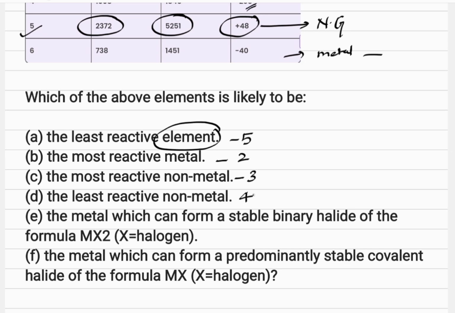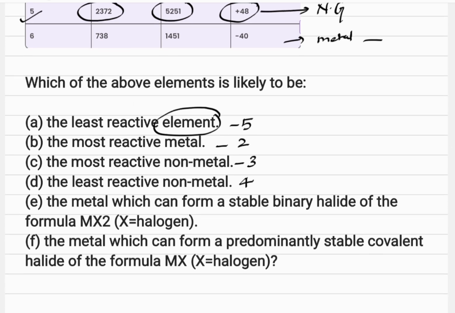Okay, so 4. Now, the metal which can form a stable binary halide of the formula MX2. Stable binary halide, the formula is MX2, X we know, halides we know have the charge -1. That means the metal has to have a +2 charge. +2 charge meaning it must be willing to lose 2 electrons.